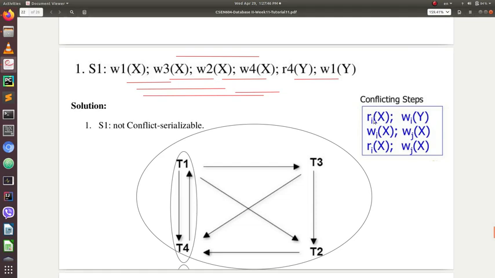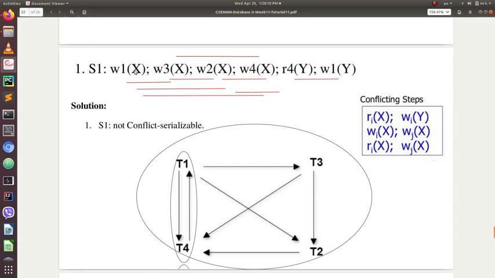We will scan these steps for all types of conflicting steps. So transaction 1 has a write operation on element x. We need another transaction that also writes x.